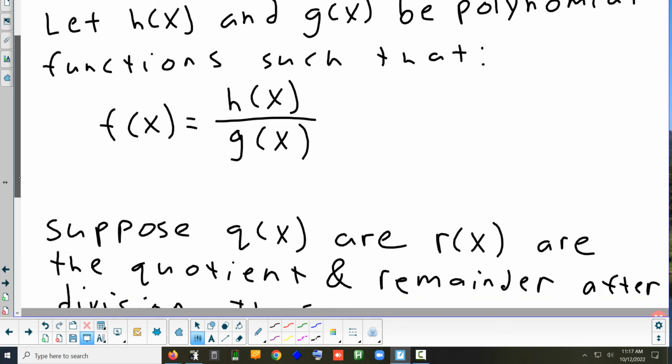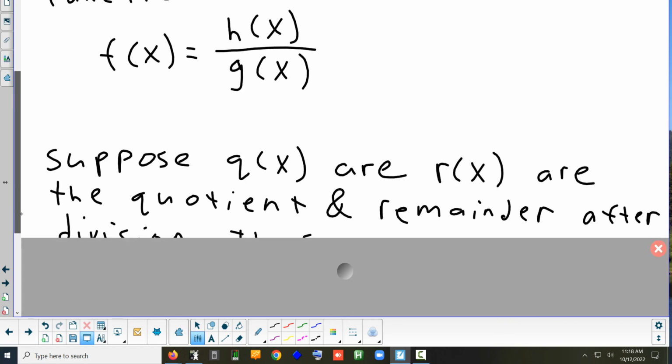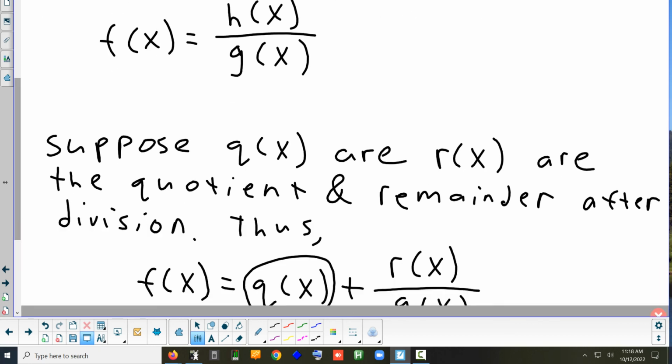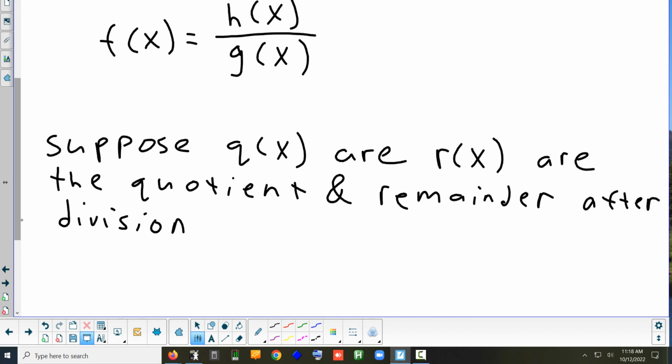So remember, when you divide h of x by g of x using either long or synthetic division, you will get a quotient and you will get a remainder. Say it like this. Q of x is the EBA.